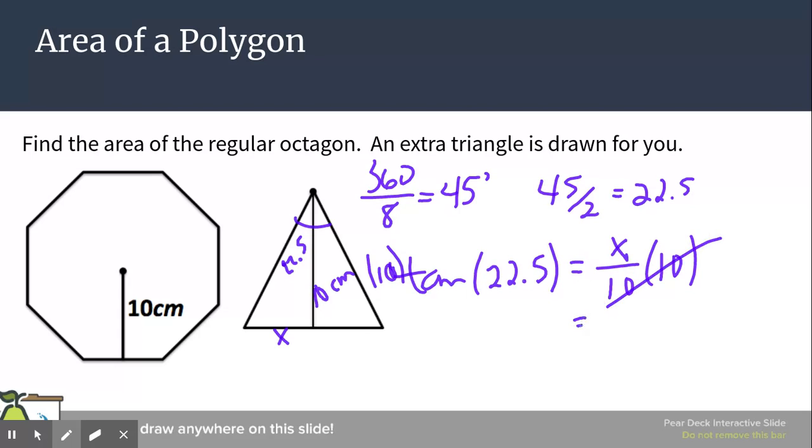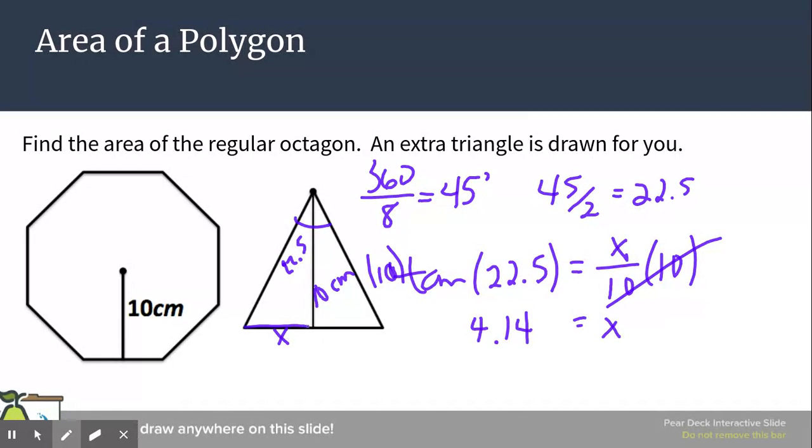I have x equals, let's go again to the calculator. I have the tangent of 22.5 times 10. Oh, something happened on my calculator. Let me try that again. Okay, there we go. I got 4.14, rounded to 2 decimal places. That's my x distance.